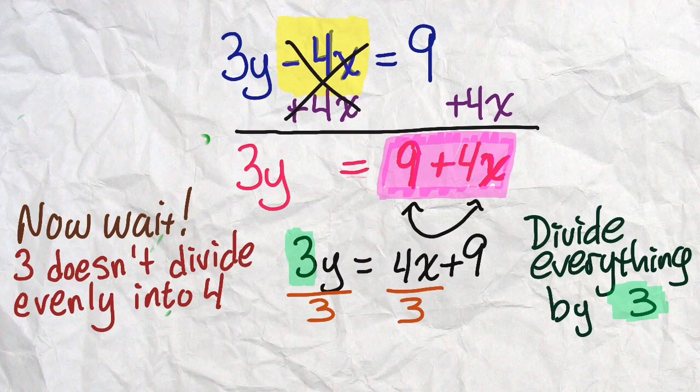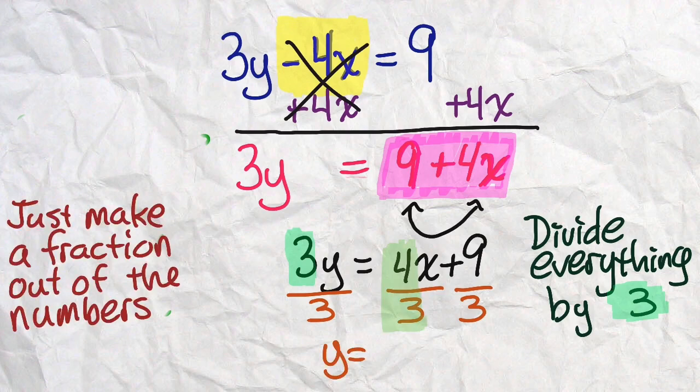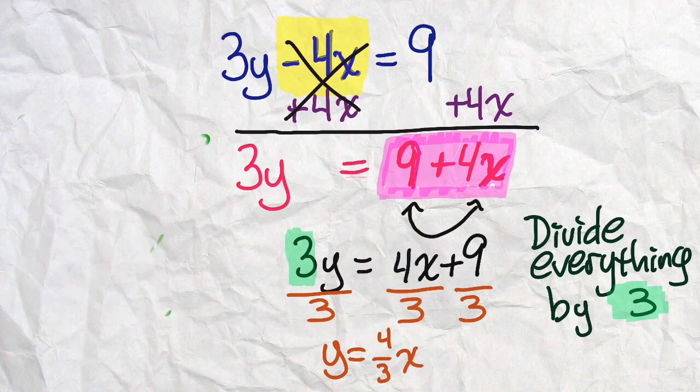with this particular problem? Well, in this case, if I divide 4 by 3, I'm just going to make a fraction out of those numbers. X's coefficient on top, and the y number I'm dividing by on the bottom. So I'm just going to take the 4 divided by 3 and just leave it as 4 divided by 3, or 4/3 x.